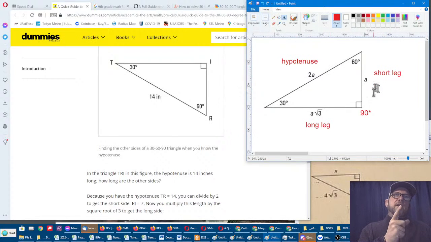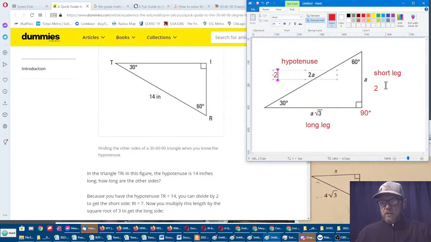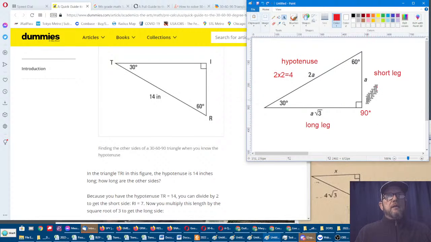Therefore, the value of the short leg is A equals 2. Therefore, over here will be 2 times 2 equals 4. And over here, I mean A, which is 2.